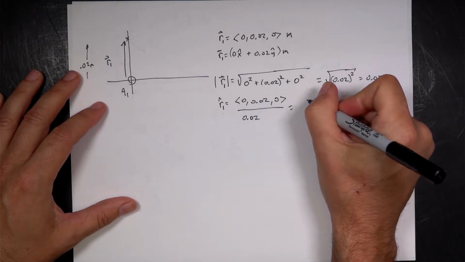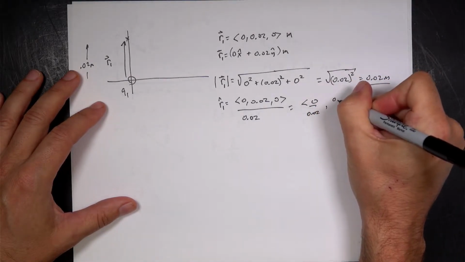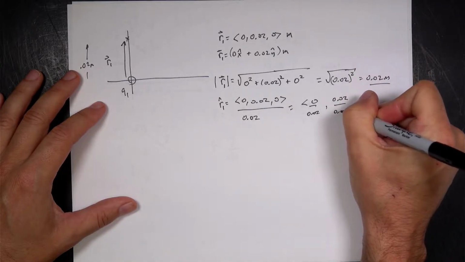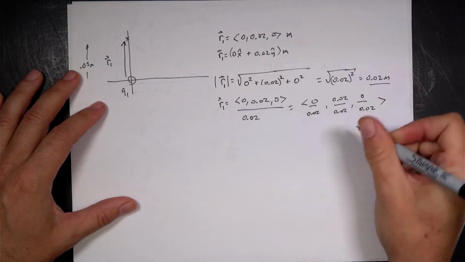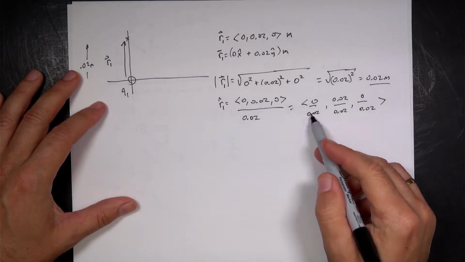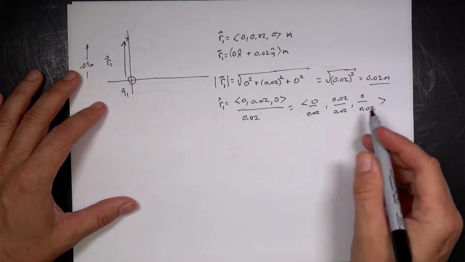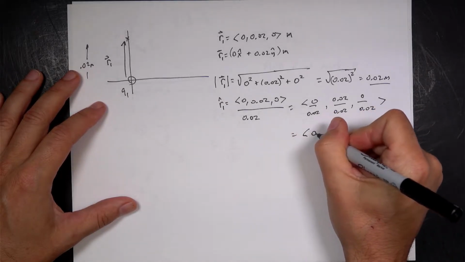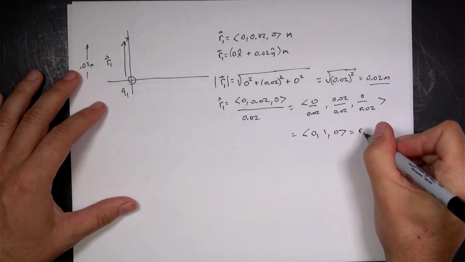So this is going to be the vector 0 divided by 0.02, 0.02 divided by 0.02, and 0 divided by 0.02. So 0 divided by 0.02 is 0, 0.02 divided by 0.02 is 1, and 0 is 0. So I get 0, 1, 0, and that is equal to r1 hat.